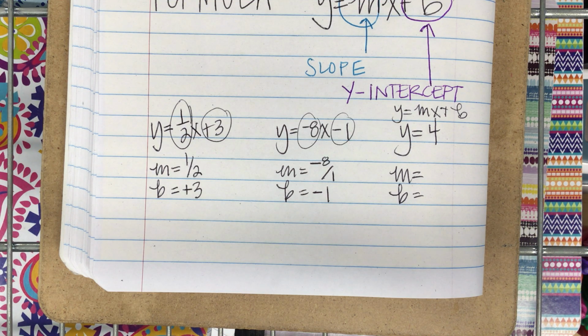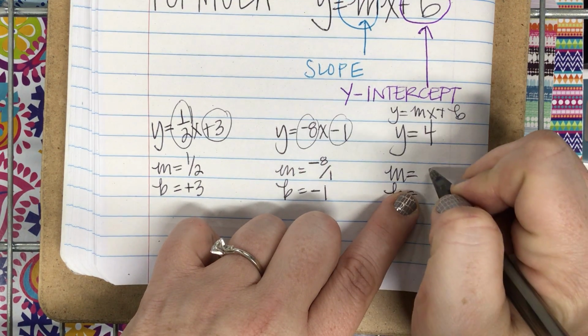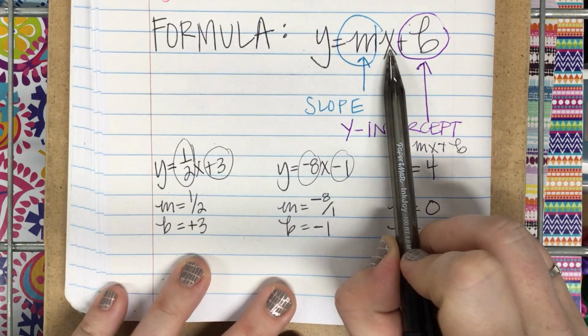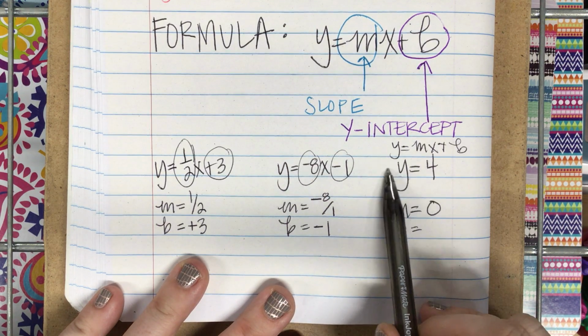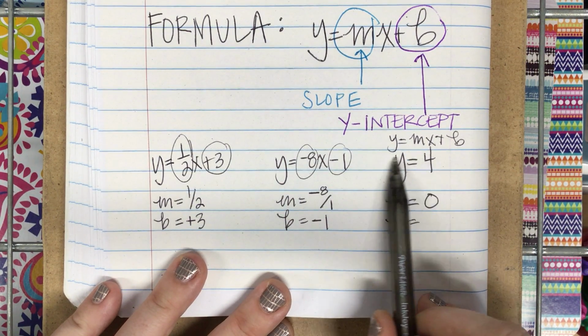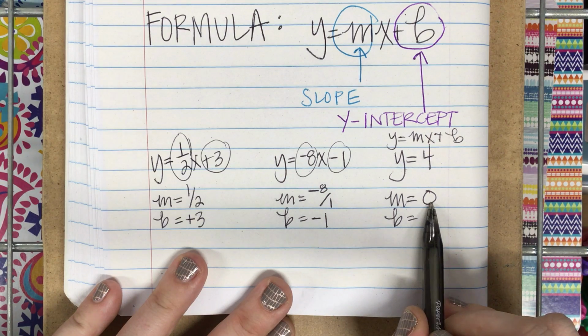It doesn't have a variable, so it doesn't have a coefficient. It's just a whole number. It doesn't have the variable x, so what number represents not there? 0. So what's the slope? 0. The slope is 0 because the slope is your m value, and the m value is whatever touches the variable x. If I look at this equation, what's touching the variable x? Nothing. There is no variable x. The number that represents it's not there is 0.